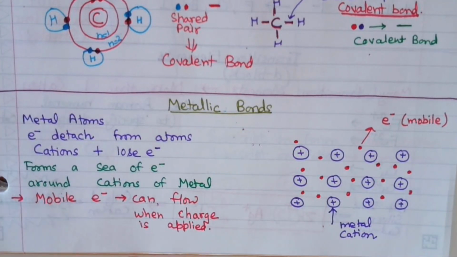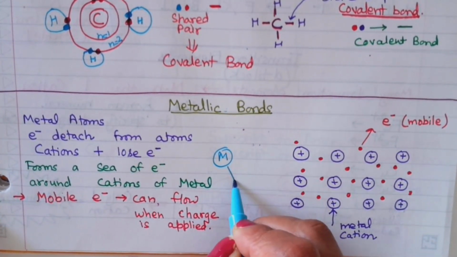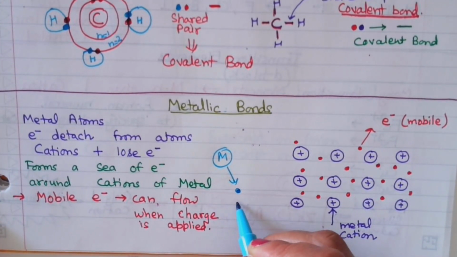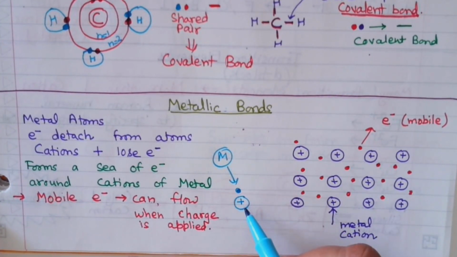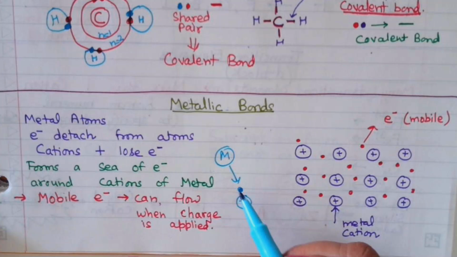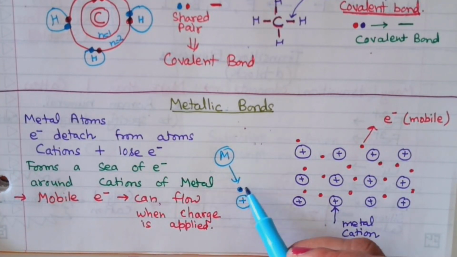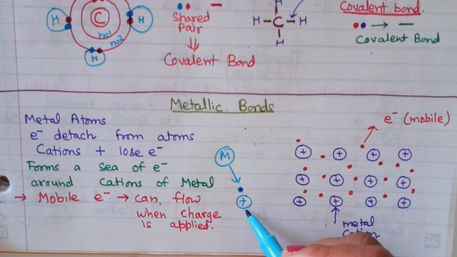Each metal atom, so if this was the metal atom, this metal atom loses one electron and forms a cation, right? So this is what it looks like. All the metal atoms do the same. They just get rid of their valence electrons, lose one or two, and they turn into cations.